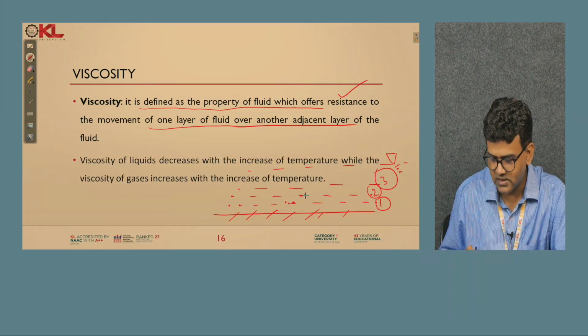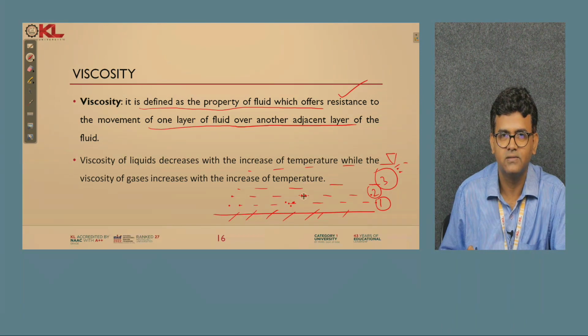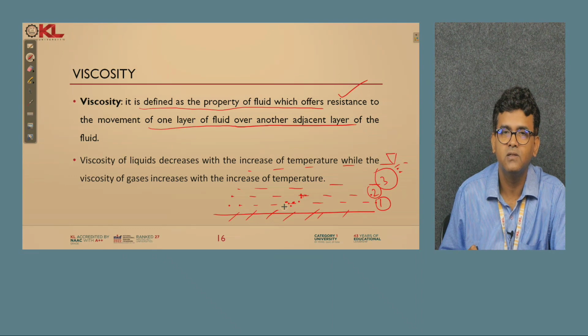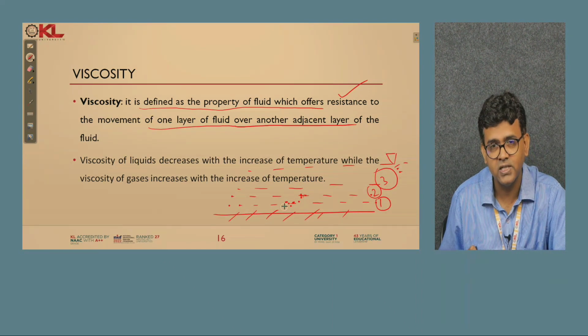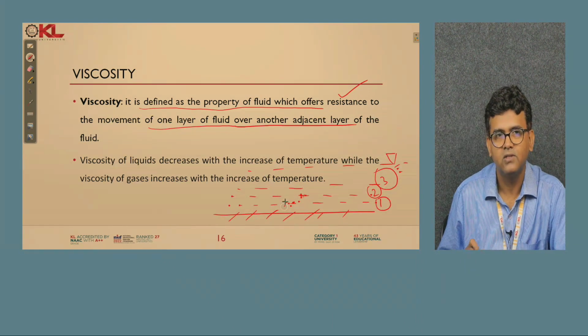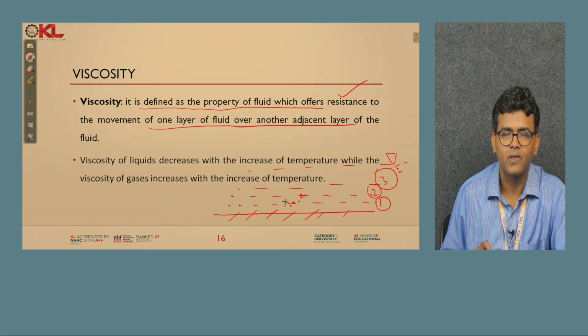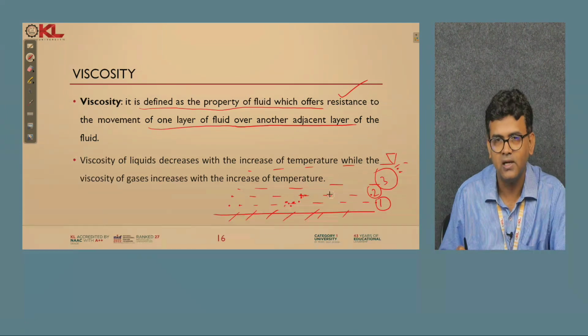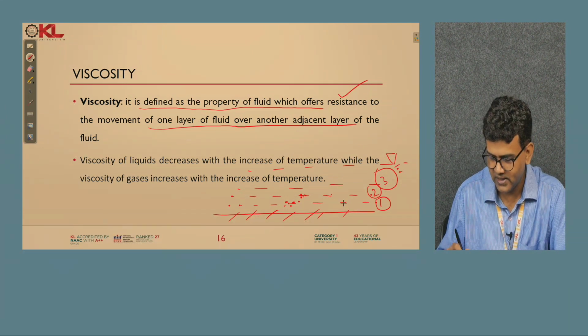Because of the resistance, the velocity difference is created. So this property of resistance comes if viscosity exists in the fluid. Viscosity offers resistance to the movement of a fluid layer over another adjacent fluid layer.